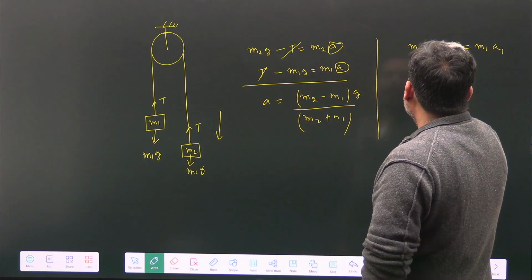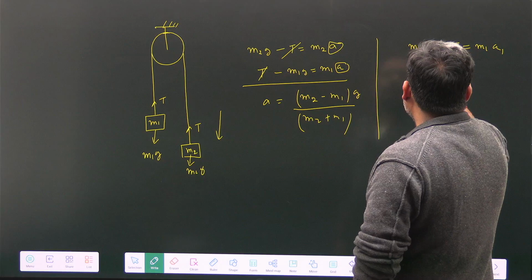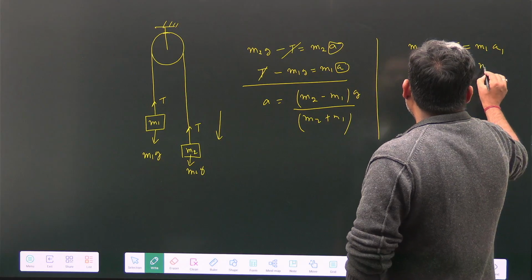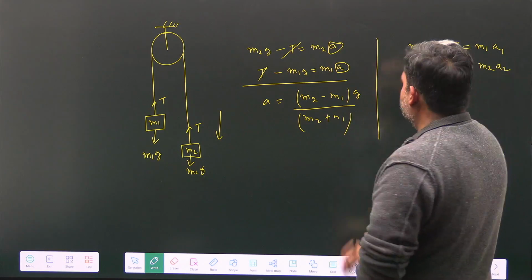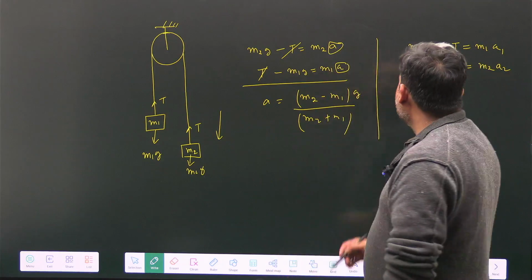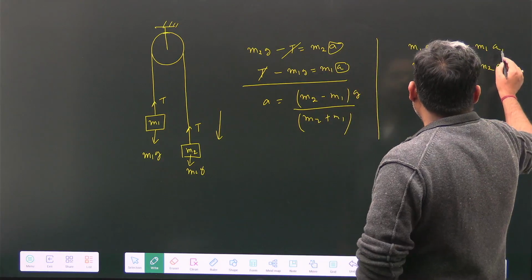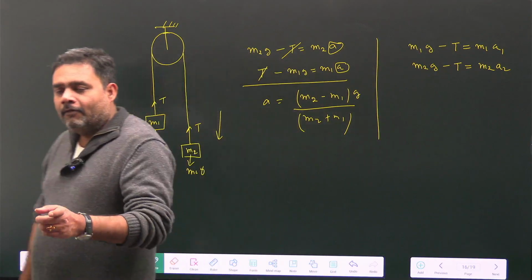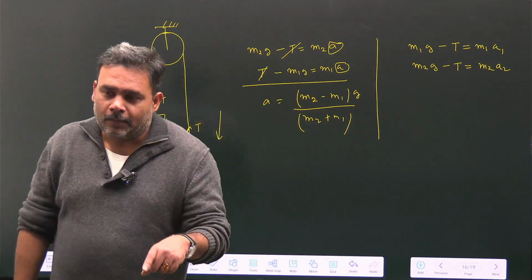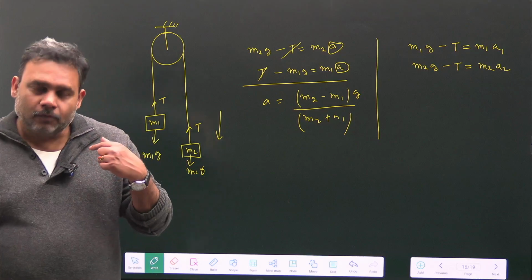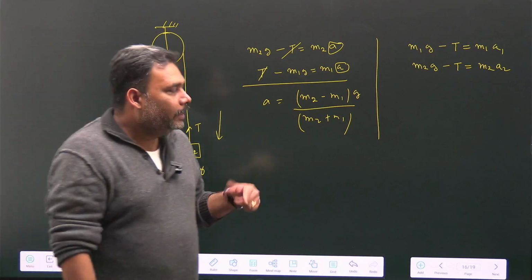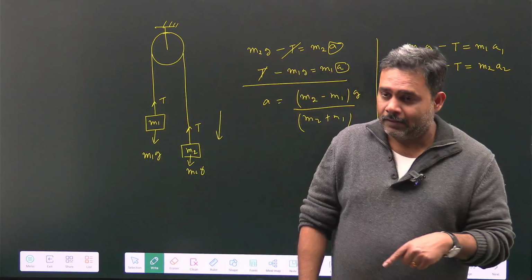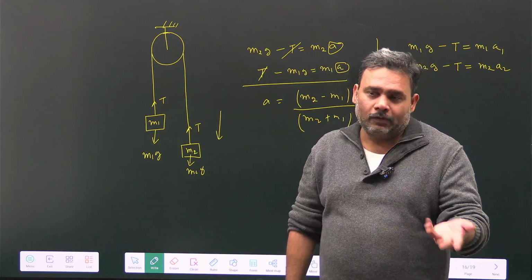And second, m2g minus T is equal to m2a2. So how many variables are there? 1, 2, and 3 variables. To get a unique solution, you need one more equation. If you have 3 variables, then you need 3 equations.